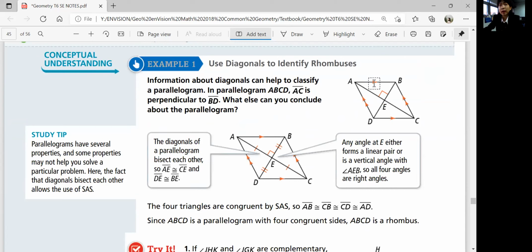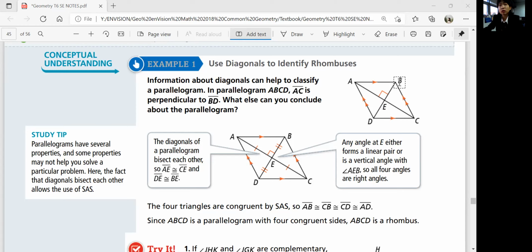In parallelogram ABCD, AC is perpendicular to BD. So in other words, the diagonals are perpendicular. What else can you conclude about the parallelogram? If they're perpendicular and the opposite sides are parallel, what can you say?